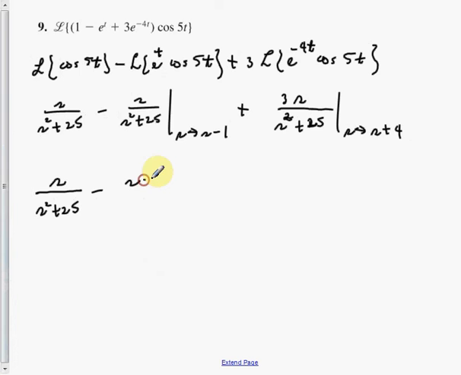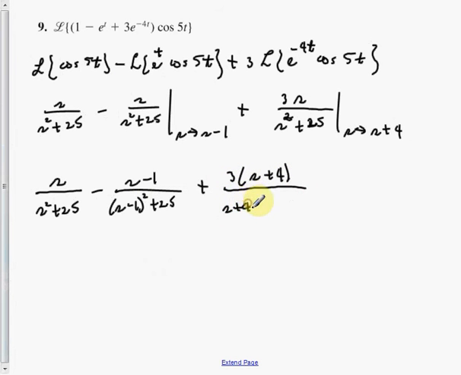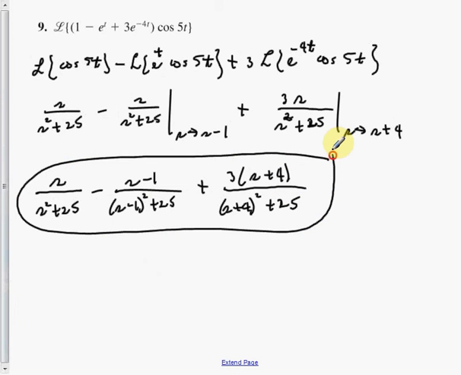Minus, up top, is s minus 1 all over s minus 1 squared plus 25, plus 3 times s plus 4 all over s plus 4 squared plus 25. So pretty straightforward.